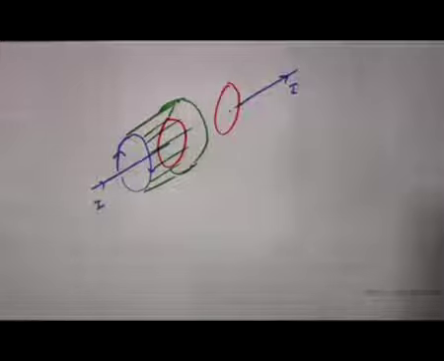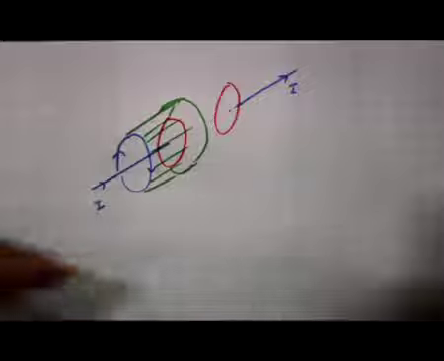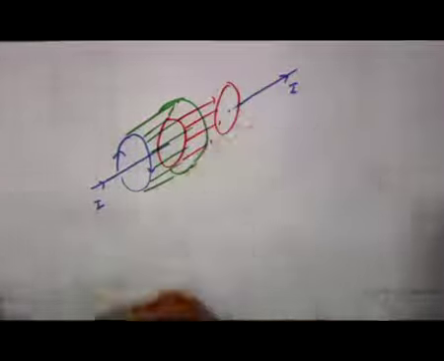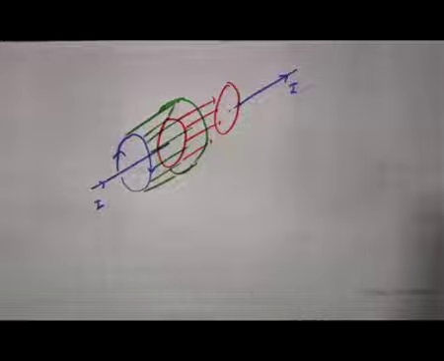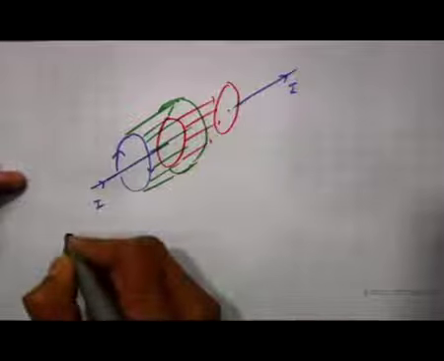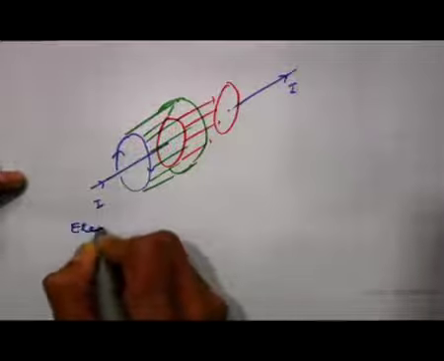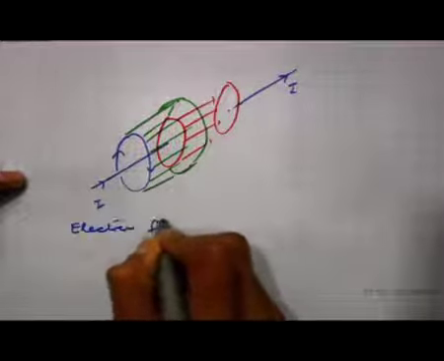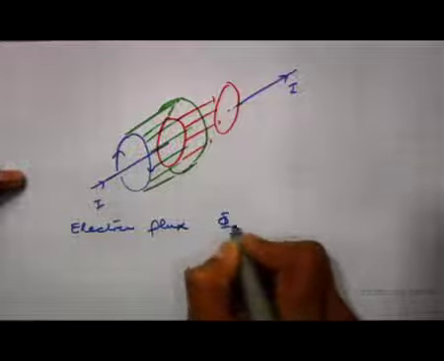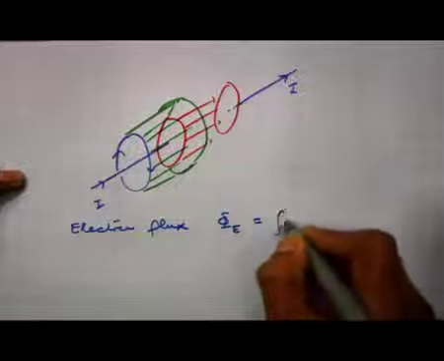Now, let me try to calculate. Please remember, there is an electric field within these capacitor plates. So, let me calculate the electric flux through this area. Electric flux through this area, phi E, is equal to integral E dot dA.